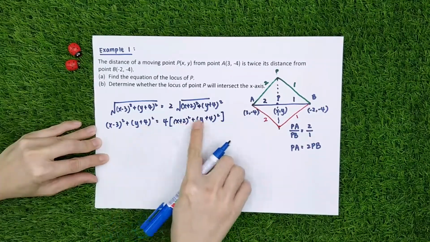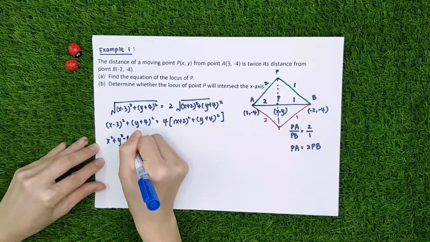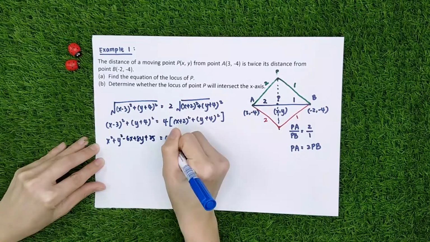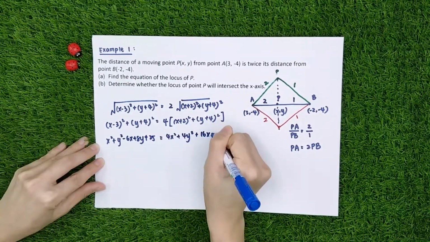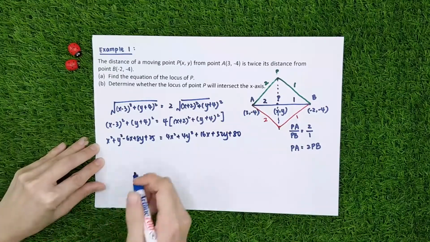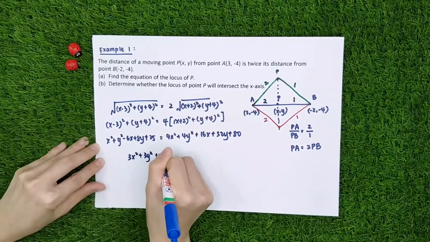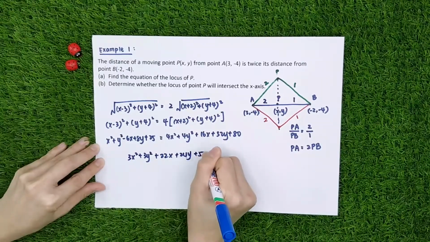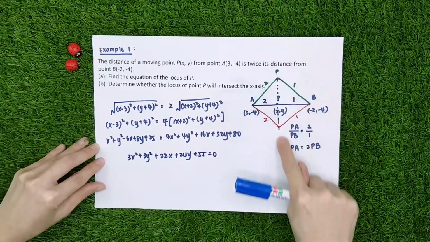Then I will expand all this and it becomes x squared plus y squared minus 6x plus 8y plus 25 is equal to 4x squared plus 4y squared plus 16x plus 32y plus 80. So after I rearrange it, I will get 3x squared plus 3y squared plus 22x plus 24y plus 55 is equal to 0. So this is the equation of the locus P.